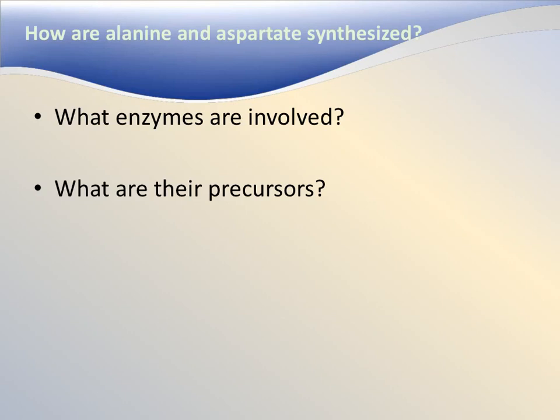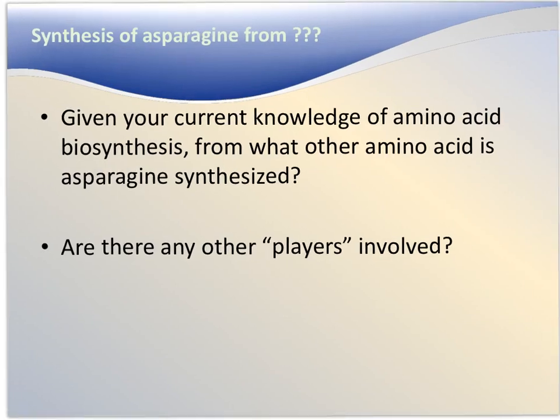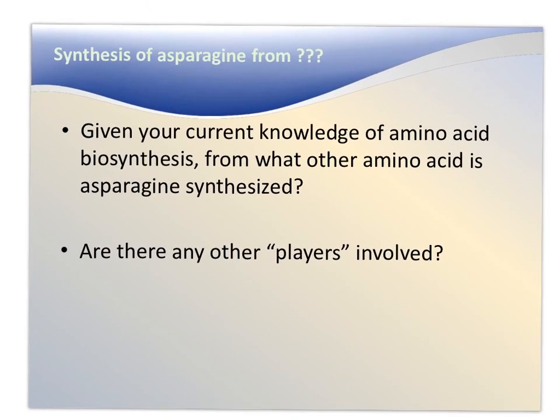So now we're going to move on. So now we have asparagine. This one, you probably can figure it out, or figure out the basis of it based off of what else we talked about so far. So asparagine is a lot like what other amino acid?